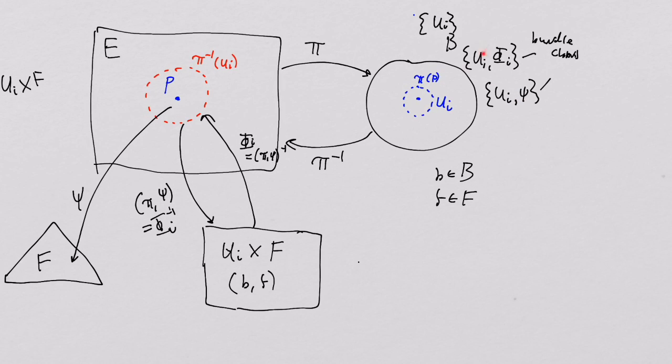But those would be bundle charts, and I put them in a set, and that's probably a mistake too, right? Because when we look at these things, well, let me erase them. When we look at these things, the chart itself is just one pairing of UI psi I or UI phi I or UI psi, like that.